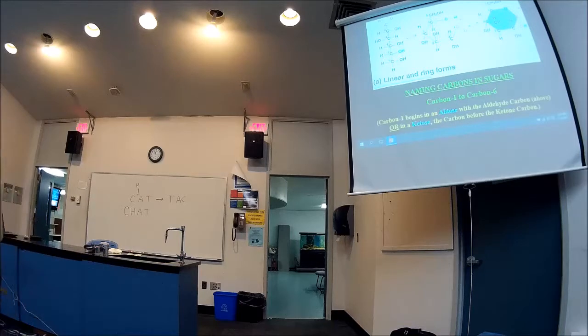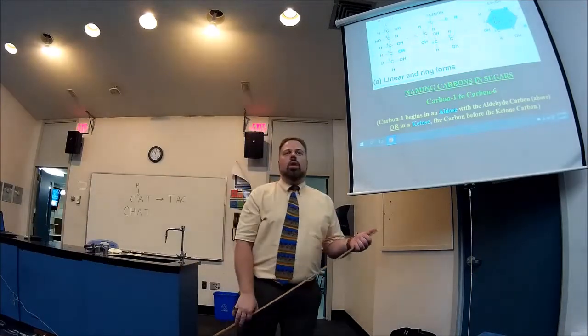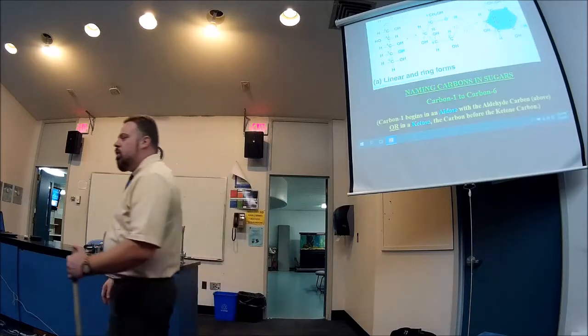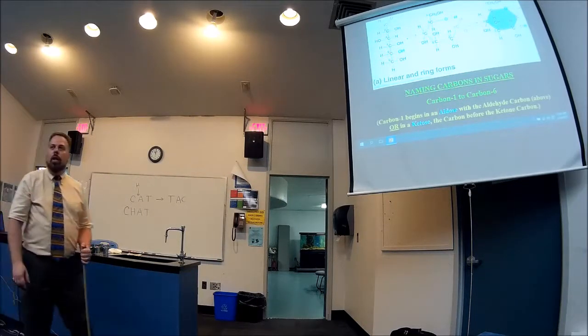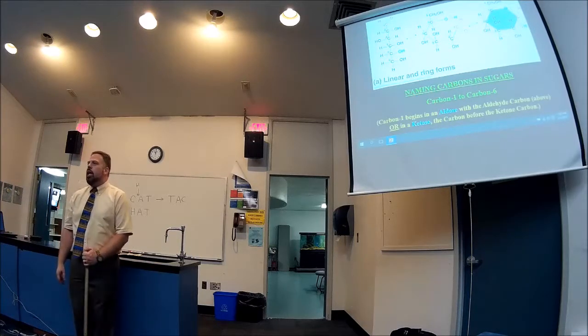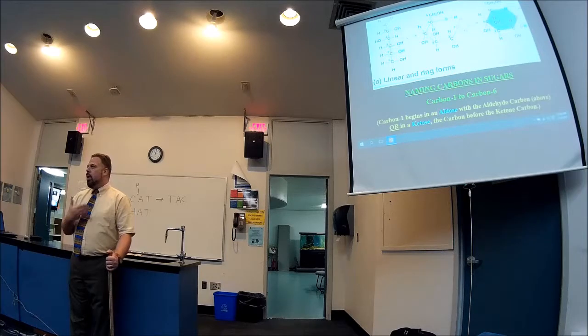So we give them names. All right. Again, I'm not going to ask you to draw these out. I'm putting this 1 through 6 over here because of something later on we're going to be dealing with when we have to make a duplicate copy of our DNA. I'm going to be using words like 5' and 3'. And that's where I just want to make sure you understand where I'm getting that from.